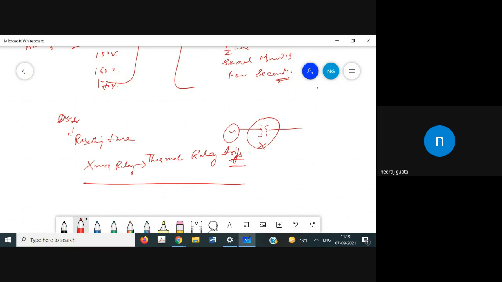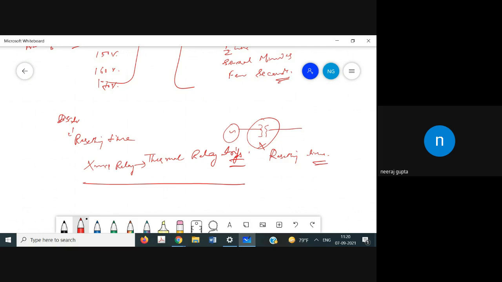And what we want is to restart the transformer or reconnect the transformer in that particular circuit immediately. But we cannot do that. Why can't we do that? Because it depends upon the resetting time of the relay.